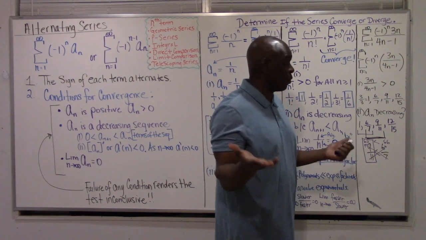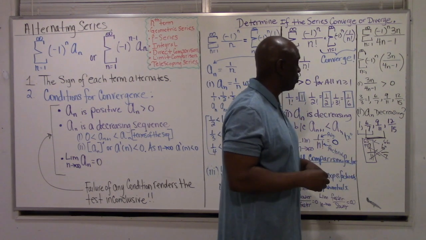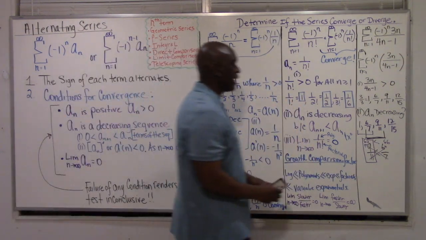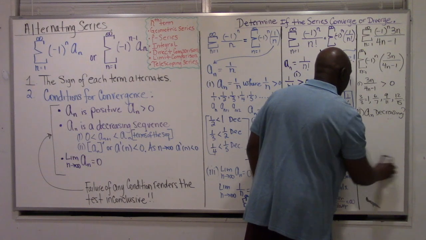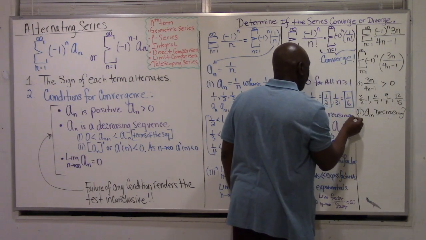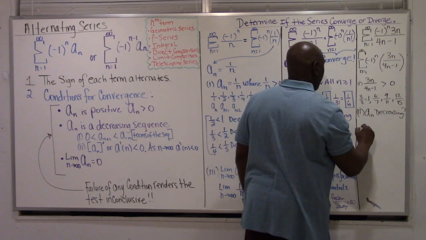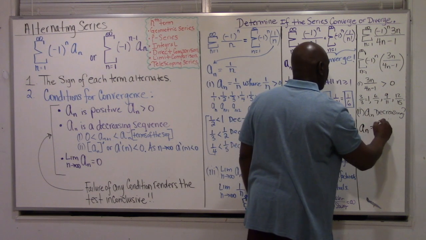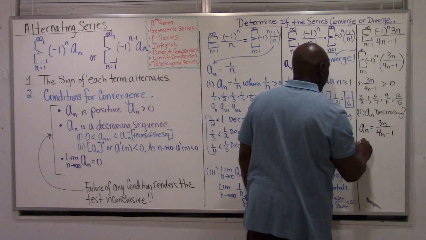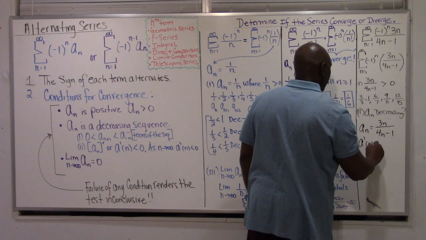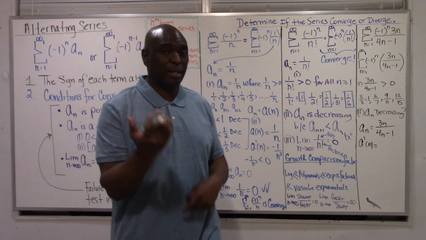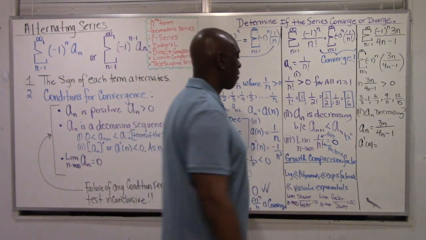Or what you could have done, if you want, you don't necessarily have to, you can use calculus. If I were to use calculus to show that it's decreasing, then I would have a_n equals 3n over 4n minus 1, and find a prime of n, the derivative, using the quotient rule: low d high minus high d low, over the square of what's below.